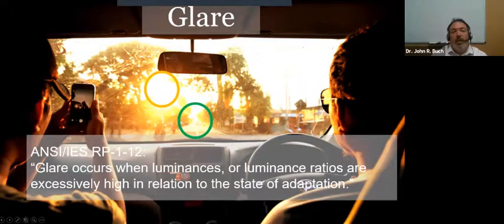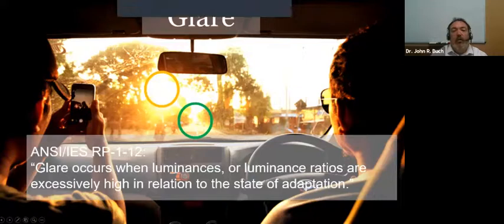Okay, and the type of glare is determined in part by where this glare source is. If it's closer to the object, that starts to disable your vision, which we'll talk about in just a moment. But also not only where it is, but how many of them there are. You can have multiple glare sources in the same scene, and how big it is.